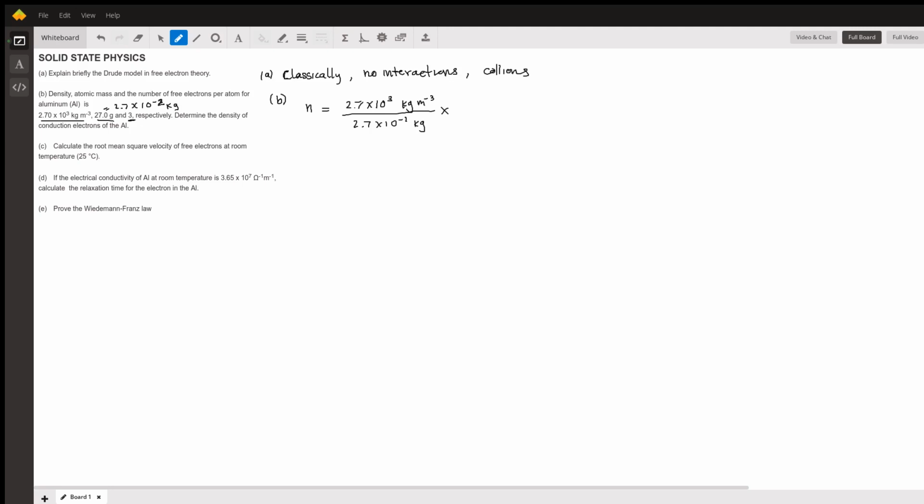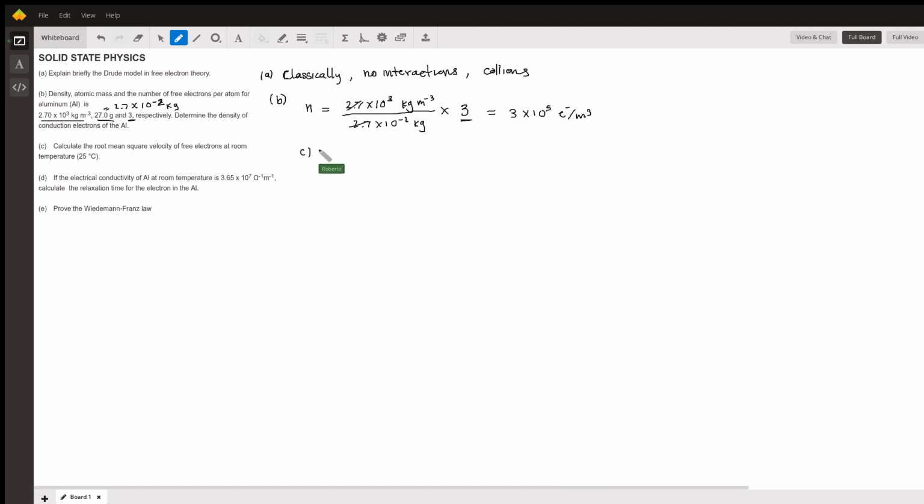That gives us how many atoms of aluminum there are. And then we have 3 electrons per aluminum. This one's simple to calculate. The 2.7s cancel, we just get 10 to the 5th. So we get 3 times 10 to the 5th electrons, not just 3, per meter cubed.